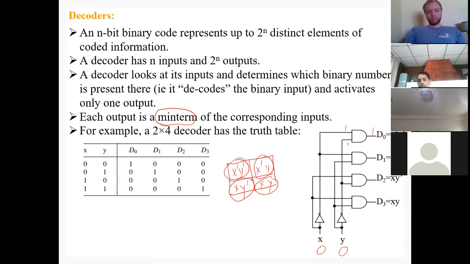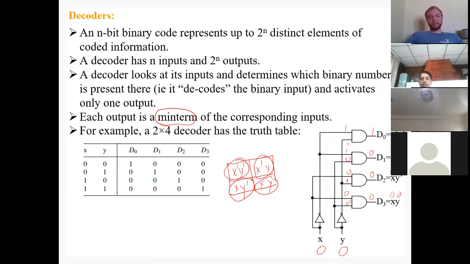What is x prime? 1, y is 0. This is exactly what happened here, remember? That's why we got 0. So when this is x, y prime, what is this? 0, 1. Remember, you exactly have 0, 1 here. That's why you got 0 here. So when you have 0, 0, you get here, x and y 0, 0. That's why we get 0 here. Actually, you are getting the min terms.